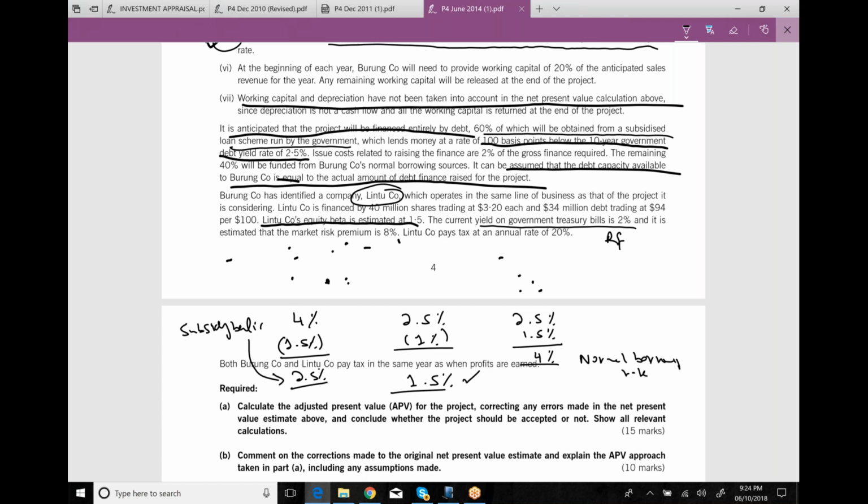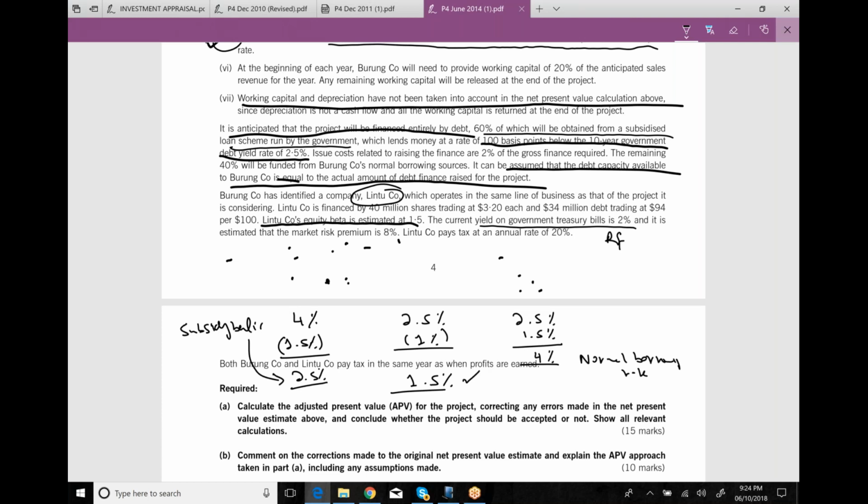No. You will pay this 1.5% on 60% of the loan, because the government has given you a subsidy loan, which is only applicable on 60% of the finance required. On the remaining 40% of the loan I will pay 4%, which is my normal borrowing rate.